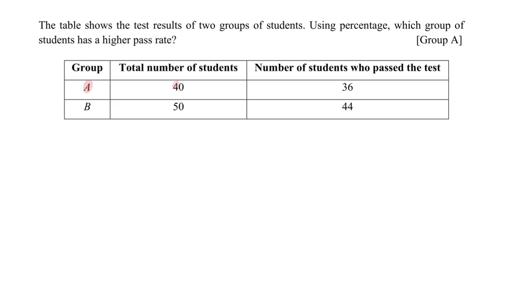So group A will be in red. Group B, I'm going to write it in blue so that we can see things clearly. So the pass rate in percentage.